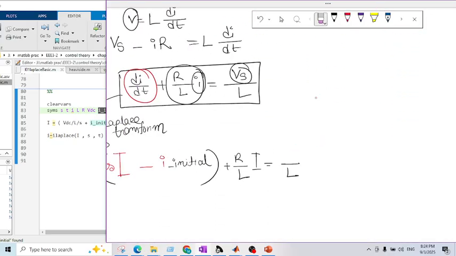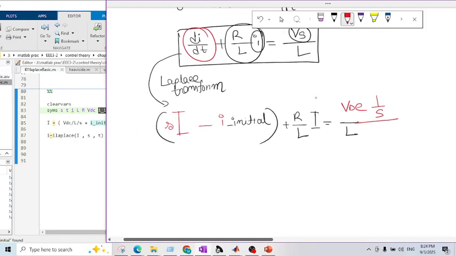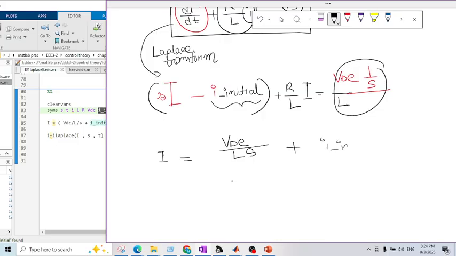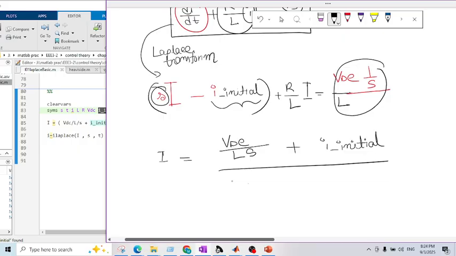Okay, so now I have to simplify this equation. So if I simplify this equation I will get, let's write this here, VDC divided by L s. Then I have to take this thing at the right hand side, so I initial, and then I have to divide s plus R by L.